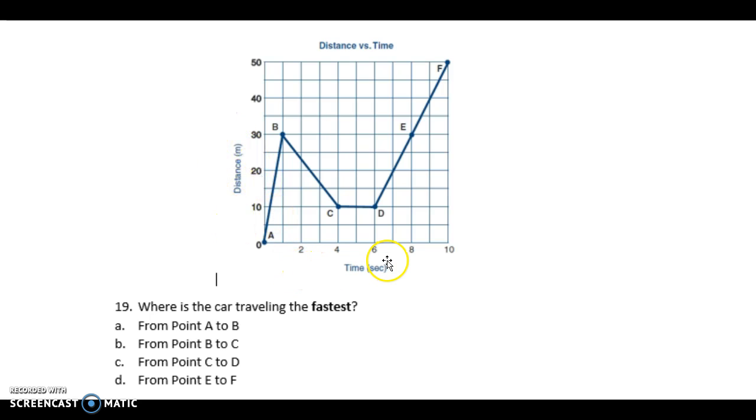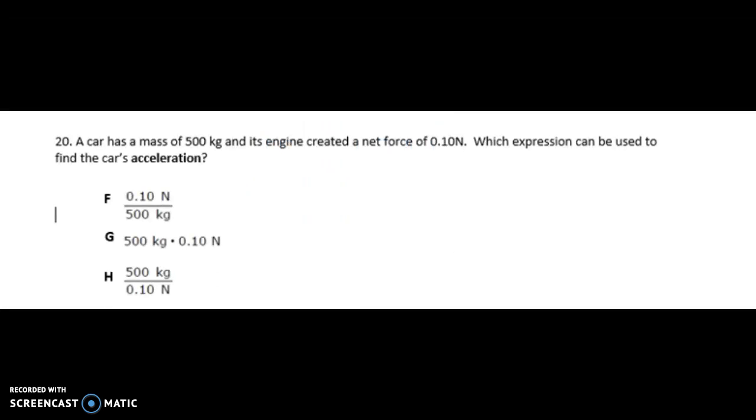Distance, time. Where is the car traveling the fastest? A. From point A to B, B. From point B to C, C. From point C to D, or D. From point E to F.